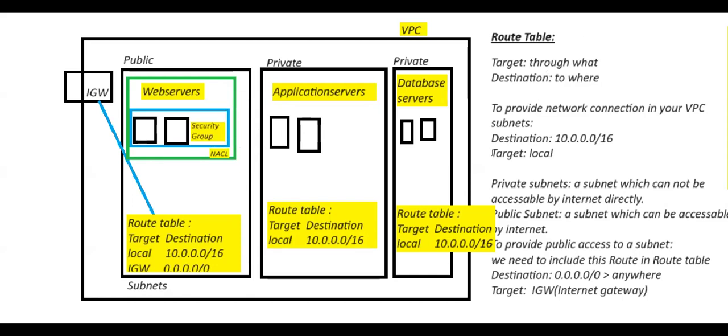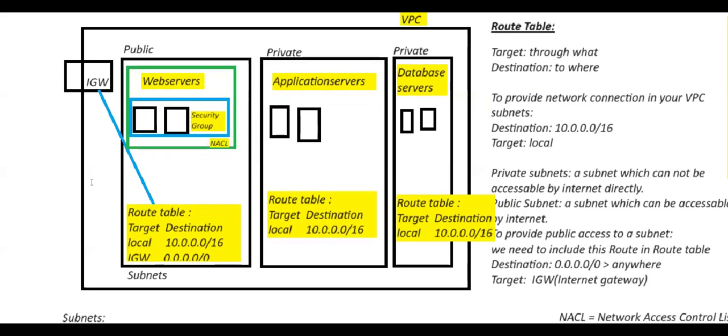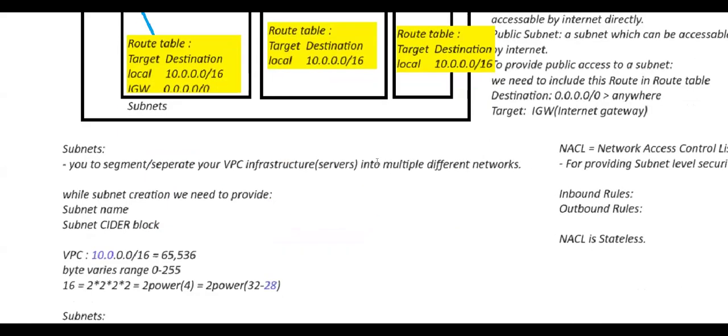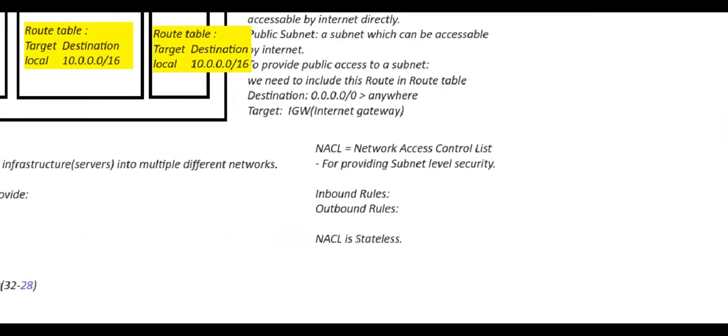In an interview or in a certification, if anybody asks you what is the subnet level security, that is NACL. What is the instance level security? That is security group. So let us write that important point here. Now we are discussing security group.